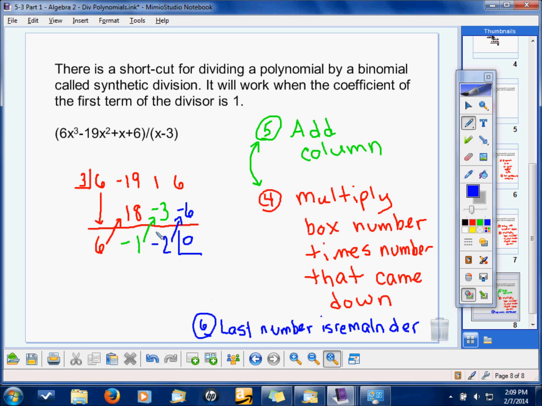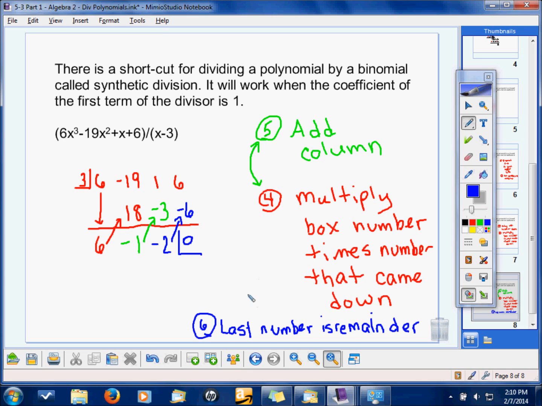It's not part of the coefficients of the answer, but that last number is the remainder. When you get to the end of the problem, this last number is the remainder. So there's a remainder of 0. So in this case, there is no remainder. Sometimes we'll have a number there. If you get a number there, that will be part of our remainder, and I'll show you what happens with that.